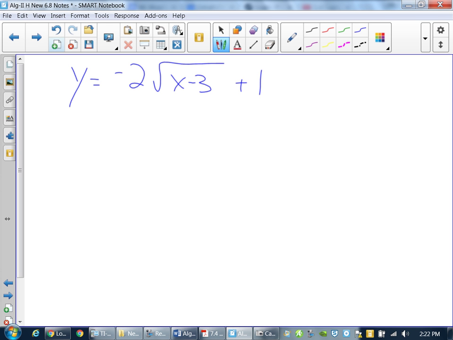I will say this from time to time, the k value tends to float from either the back or the front. They can put it on either side. This is the exact same thing as seeing it as this, y equals 1 minus 2 root x minus 3. It does that sometimes if the a value is negative. It's not trying to scare you, it's just showing that the commutative property of addition still holds true. That's all it's doing, okay?